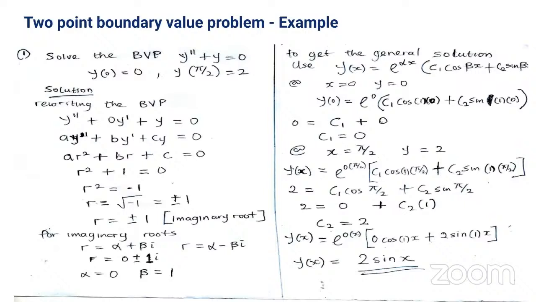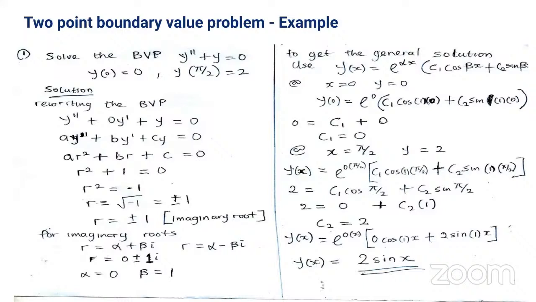Okay, so let's solve an example. We have: solve the boundary value problem y prime prime plus y equals 0, with initial conditions y at 0 is 0 and y at pi over 2 is equal to 2.